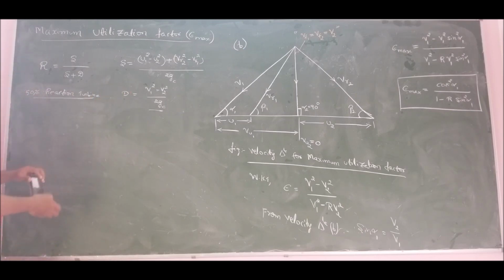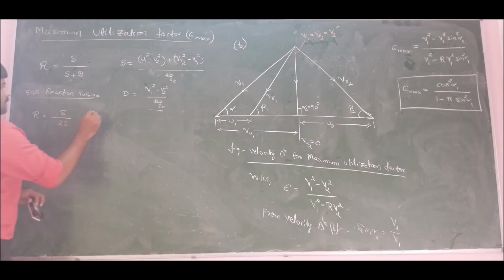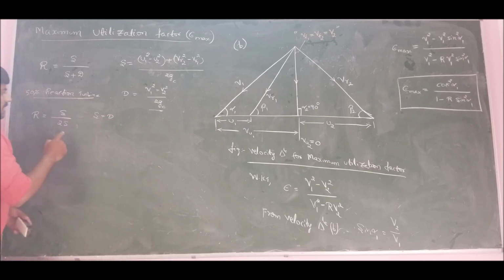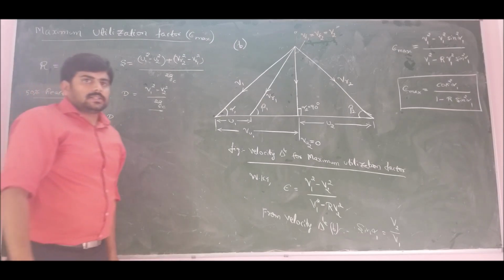If I make that assumption, then R will be equal to S divided by 2S, by making the assumption that S is equal to D in magnitude. So therefore, I will get R equal to 0.5, which is nothing but a 50% reaction turbine.